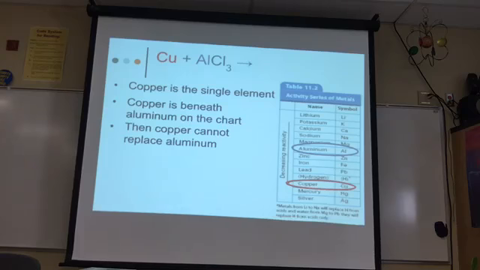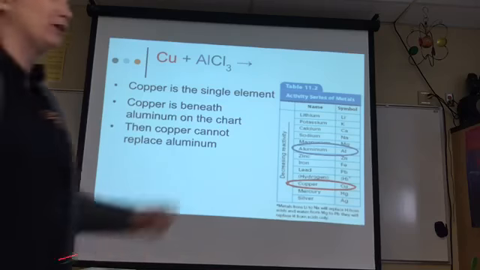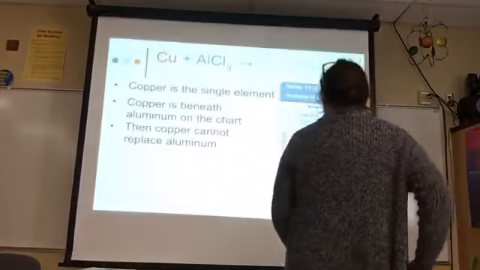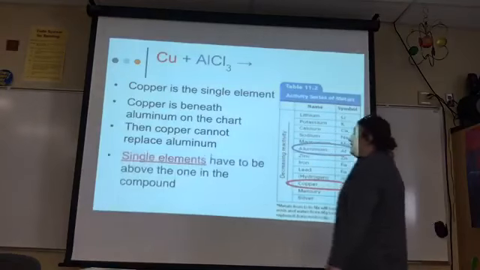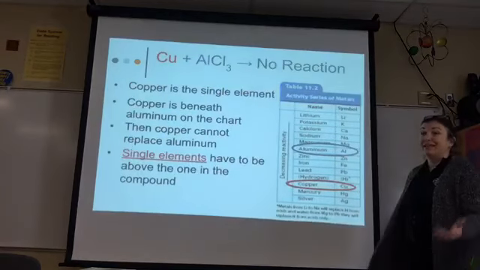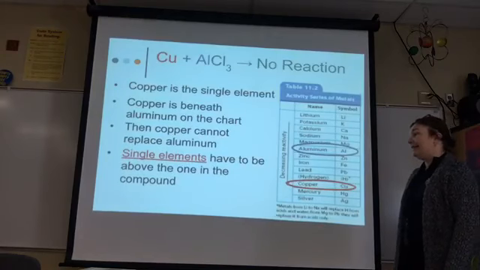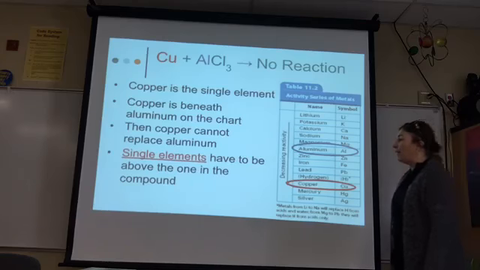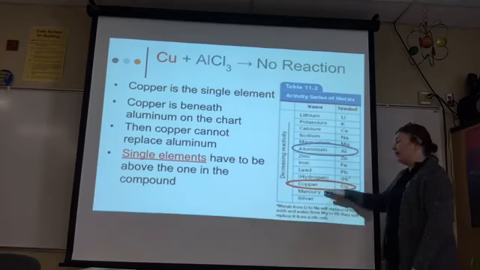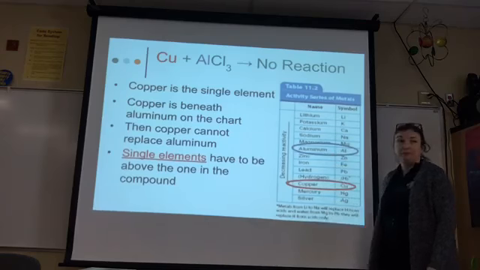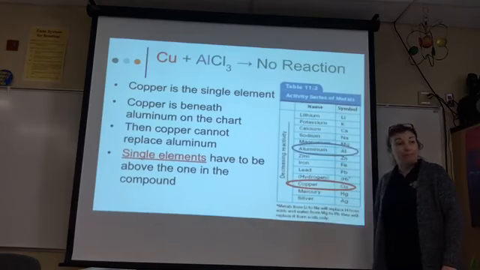Why would I go with you? And poor little copper just walks away again. There is no reaction. Single elements have to be above the one in the compound, and copper is not above aluminum. So nothing's going to happen.